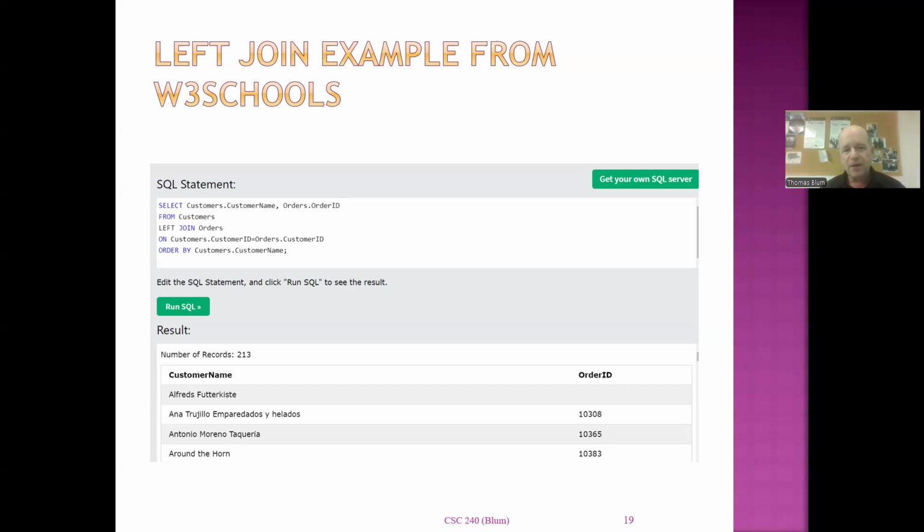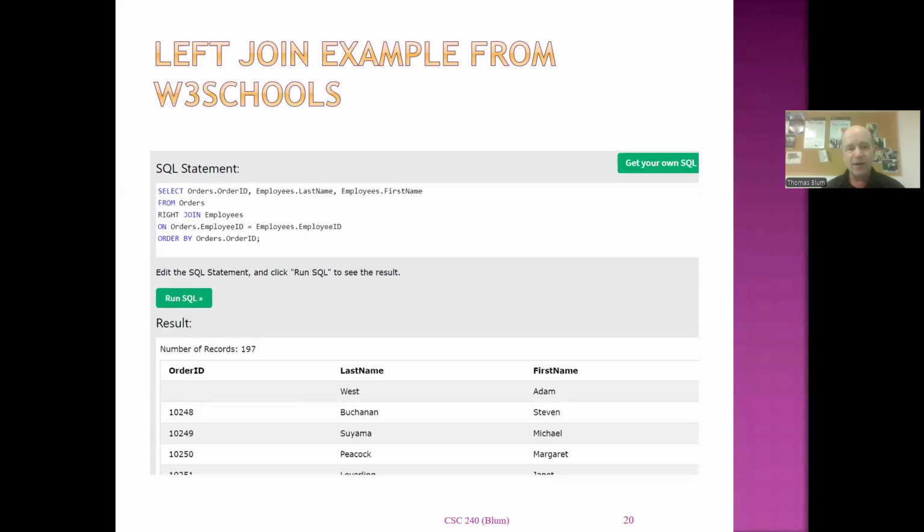The customer ID is the order customer ID. Then they've added an order by, so they're putting the customer names in alphabetical order. And we see here that the first customer has no order ID, never made an order. That was a left join because the customers were first.